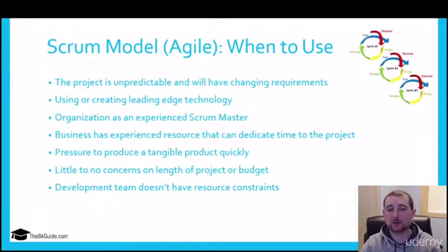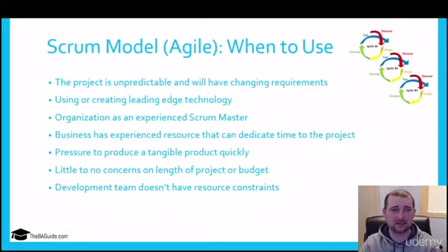Last is the development team has to be engaged throughout the project. So in the waterfall methodology and some of the iterative methodologies, the development team is engaging, doing the development, and then they're able to back off and work on other projects or other products. Well, in the agile methodology and the Scrum model, they can't really back off. They're engaged as part of that project team, and they're constantly developing, right?